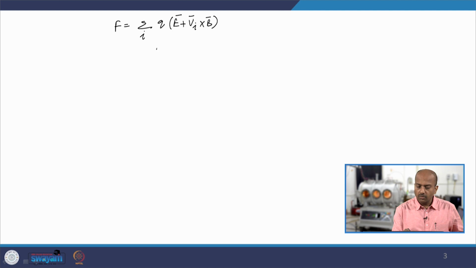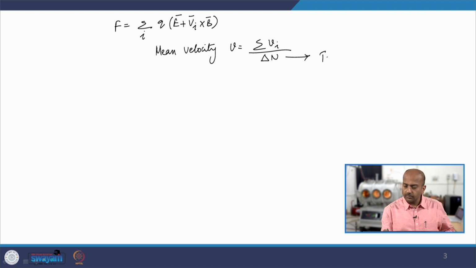In this, we can use what is called the mean velocity, V is equal to the sum over Vi divided by delta n, where delta n is the total number of particles.